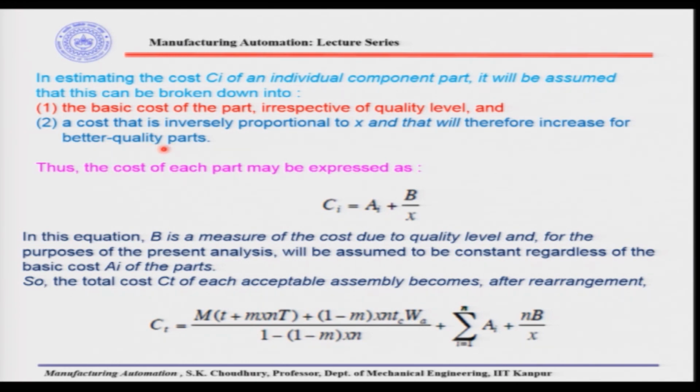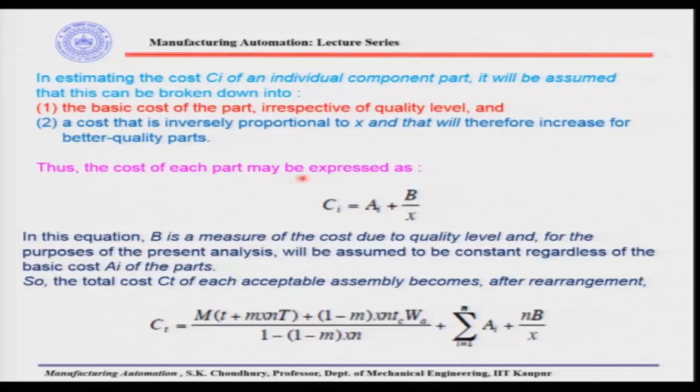Meaning that one part cost is the basic material cost, and another cost is that when we are giving value to the part, to the workpiece, and if the quality level is very high, the part cost will be very high.